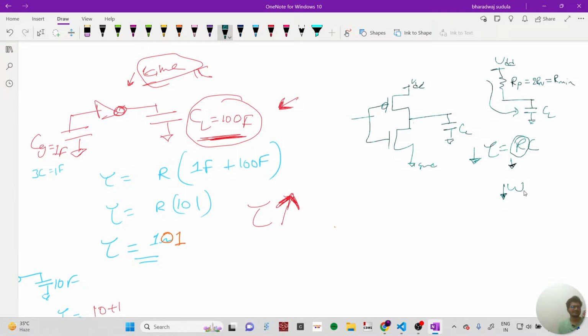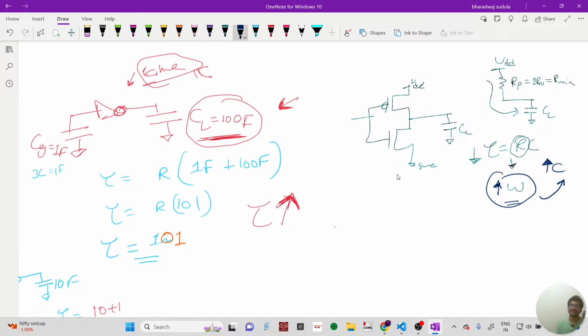But if the width increases, the capacitance will also increase. So in a way, these two are fighting each other.